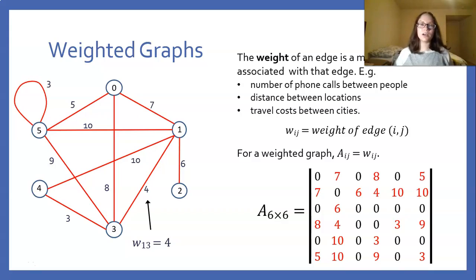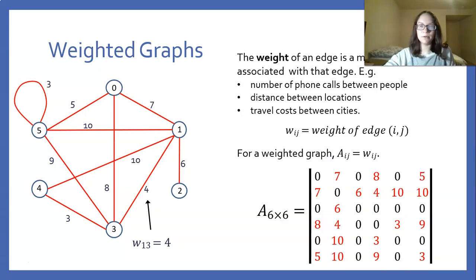So, in many cases, a higher weight will indicate a stronger relationship between 2 nodes. So, practically speaking, maybe person 1 and person 2 are a lot closer than person 3 and person 4 because they have 6 phone calls between them, whereas the other edge has a weight of 3, there's only 3. So you can see why that's a meaningful number.